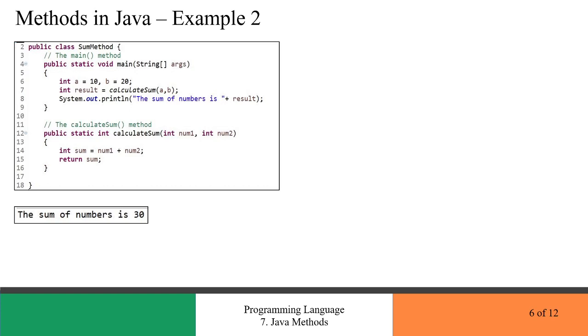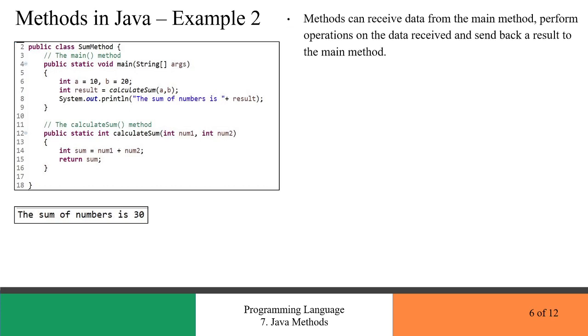Thus, the value of sum, which is obtained from the calculateSum method, is assigned to the variable result in line number 7. Following this, the line number 8 is executed and the sum is printed on the output. Let us walk through the code again with the text.